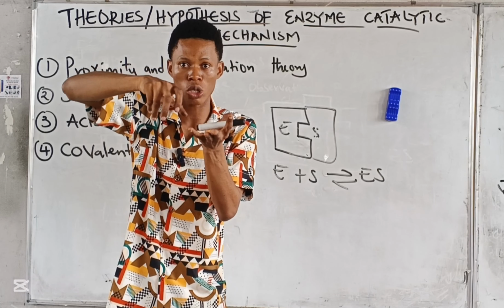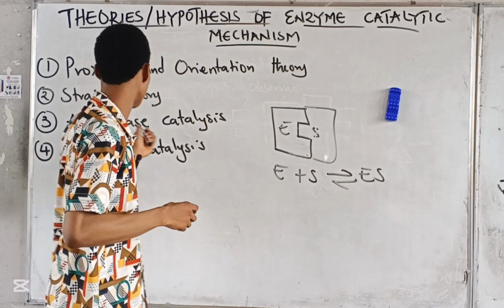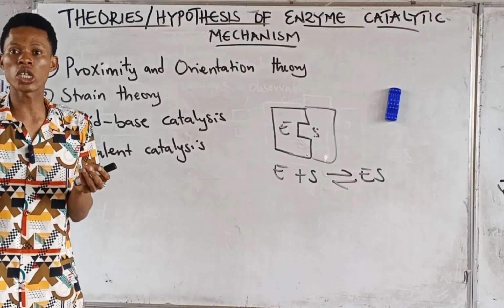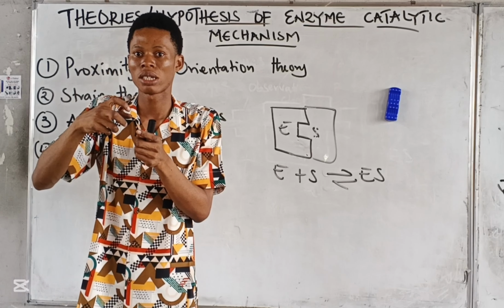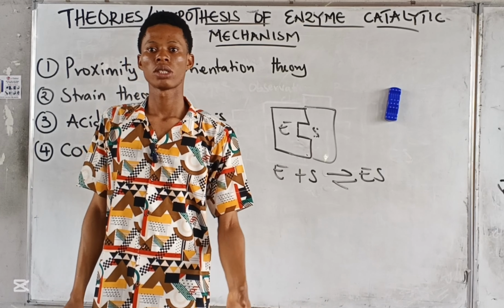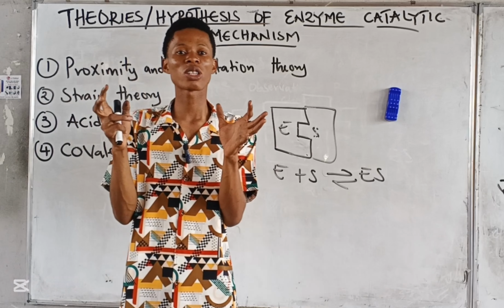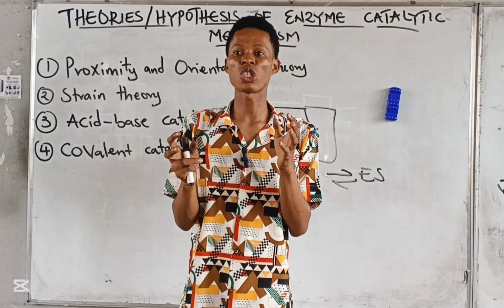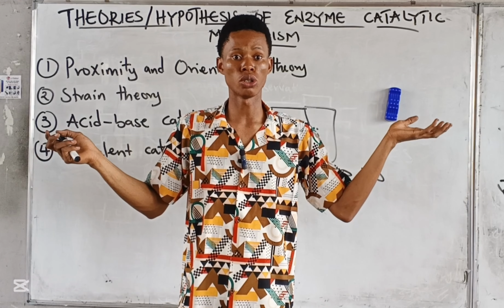Converting the cassava tuber into the grinded form. Same thing is happening. That is the strain theory. As the substrate comes in contact with the enzyme, there is an internal stress changing the substrate to products. And the more time the substrate spends with the enzyme, the more the reaction.